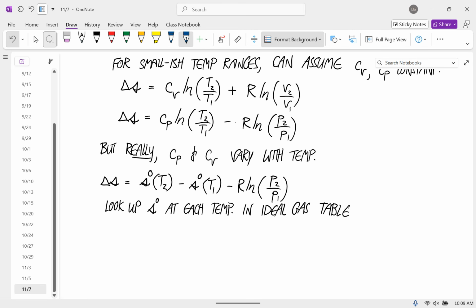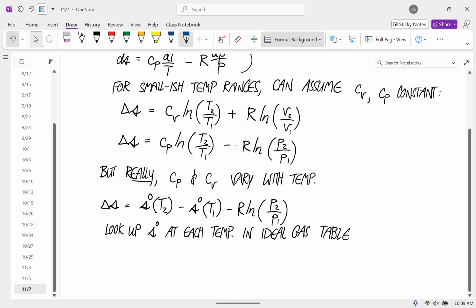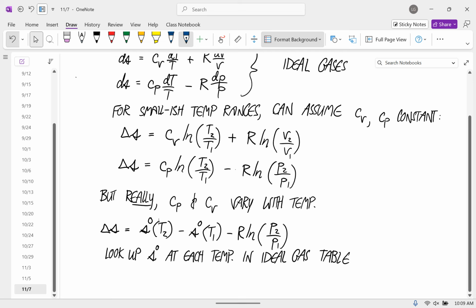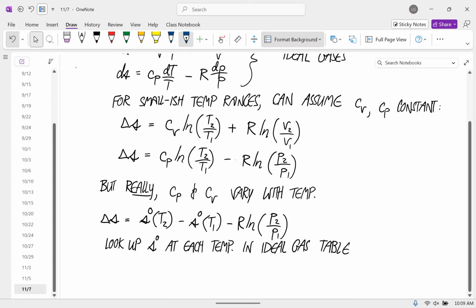So what s super 0 is, they have just gone and calculated these complicated integrals for you where Cp is expressed as a polynomial function of temperature. Okay. And so let's see what that looks like in an ideal gas table.